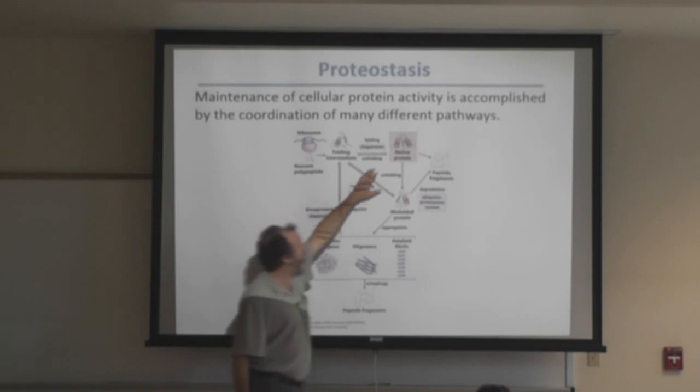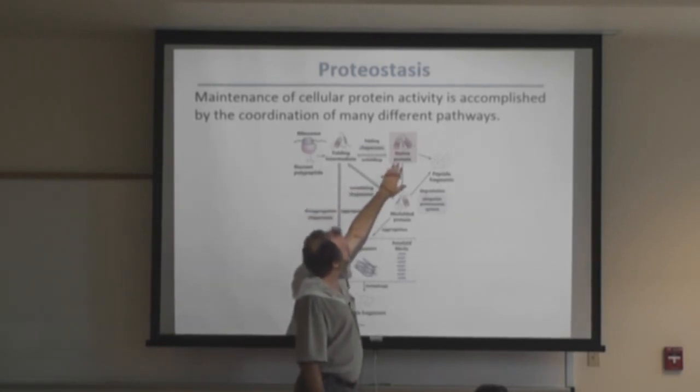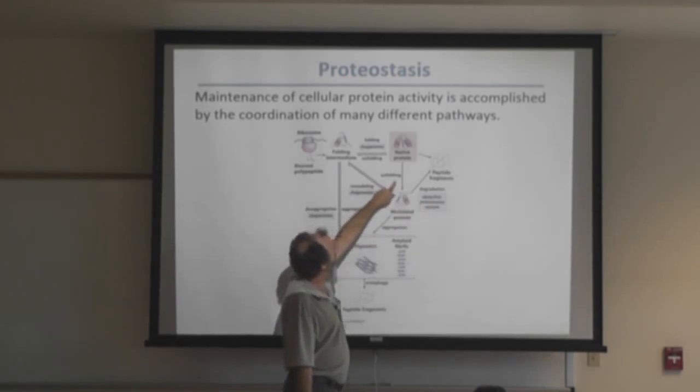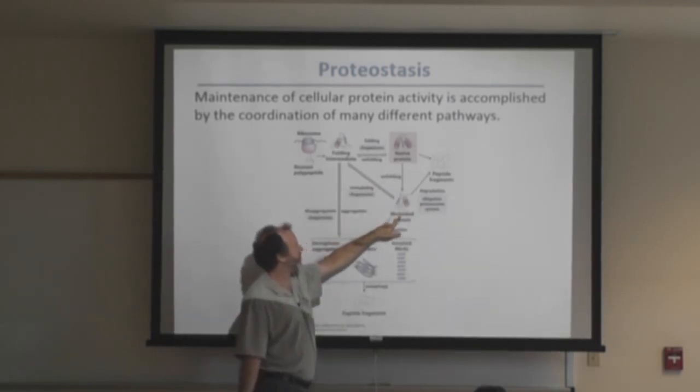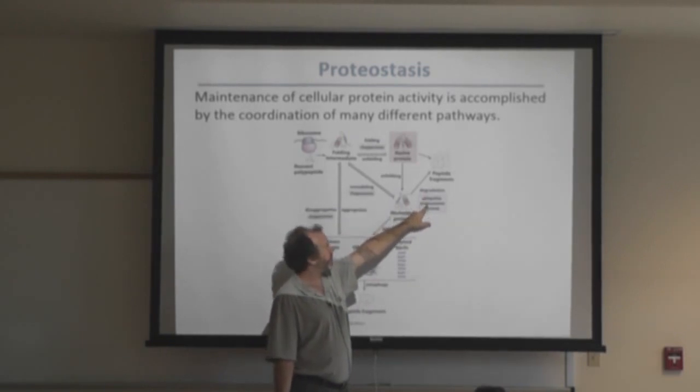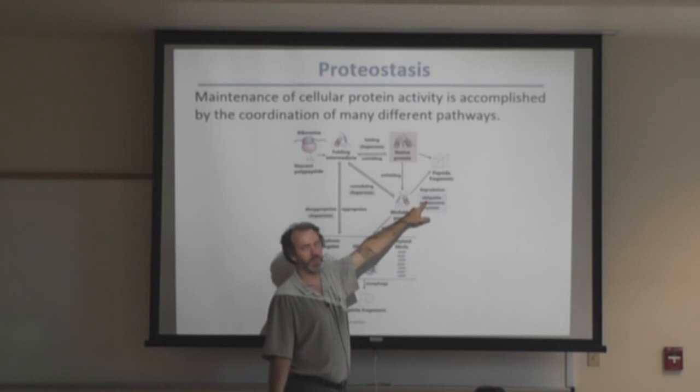So you have a native protein fold that eventually will get broken down into peptides and fragments, or it can unfold and you can have a misfolded protein which will be signaled for degradation via the ubiquitin proteasome system. Have you guys ever heard of ubiquitin? It's called that because it's ubiquitous. It's found ubiquitously in your cells.